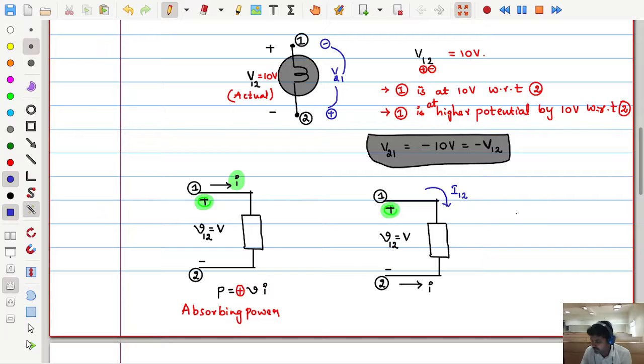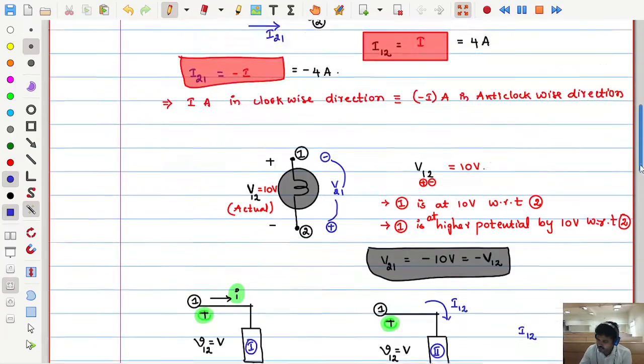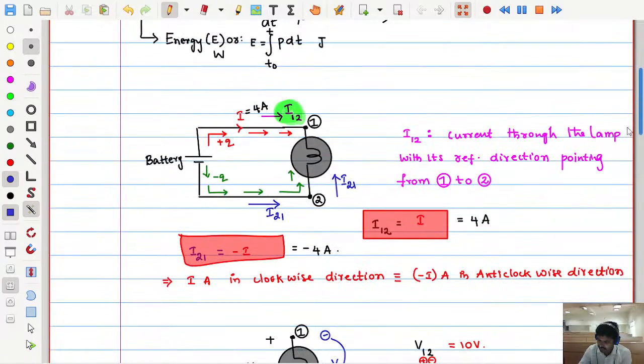This is, let us say, element number 1, this is element number 2. How much is current I12? So you can see this current direction here. I told you, so I12 is I, then I21 is minus I.